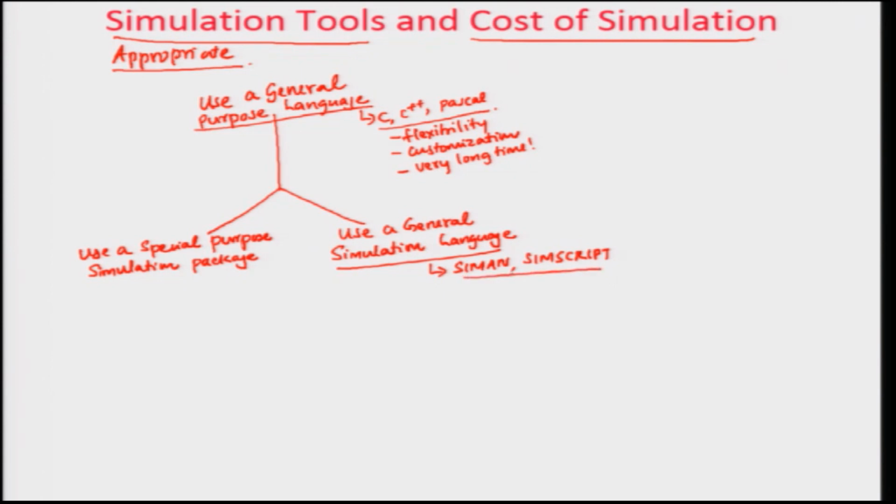So, this is quicker compared to a general purpose language, but it also has reduced flexibility. You do not have as much flexibility as is available with a general purpose language.